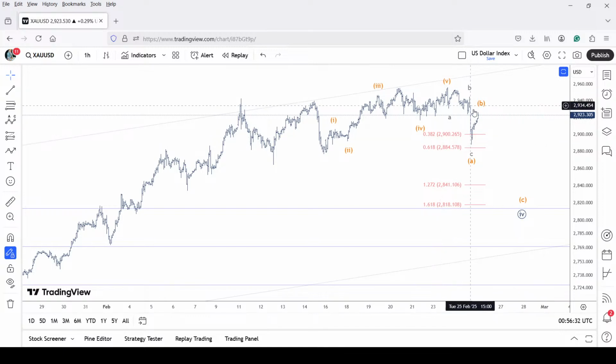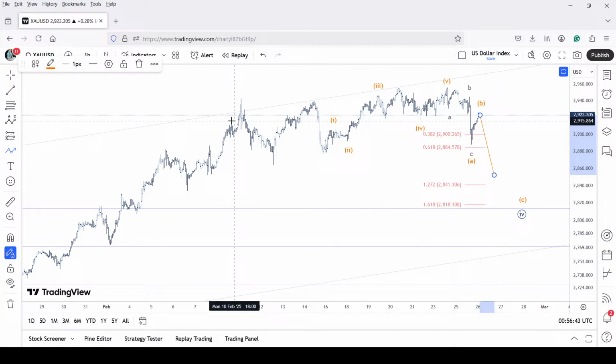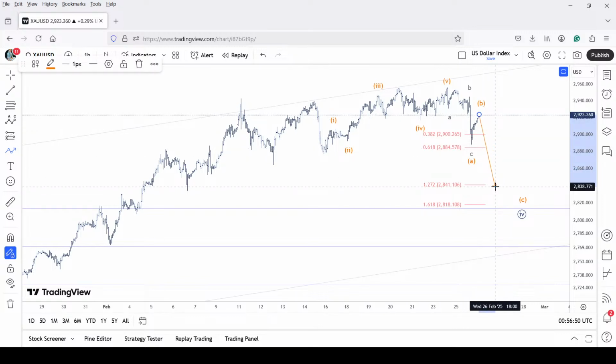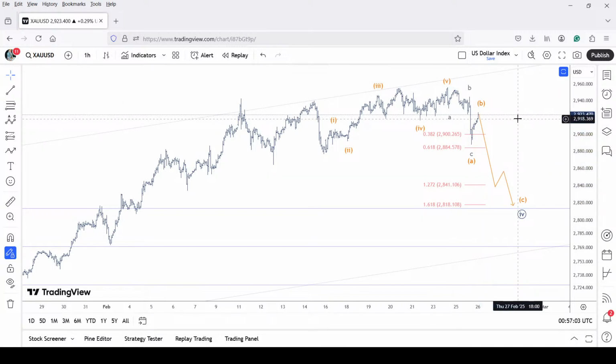We go short right now, and then we expect prices, the take profit would go like this. That's a flat structure that could be in the making.